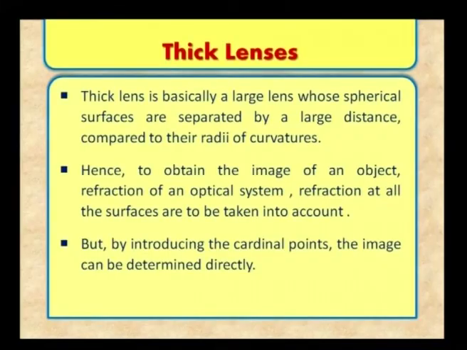You have to consider the refraction at all the surfaces in the case of a thick lens, but by introducing cardinal points, the image can be determined directly. So, in a way similar to what we did earlier for the case of thin lenses, we introduced the cardinal points, and we will see in this lecture and in the lecture to come that the cardinal point idea can be extended to thick lenses also.